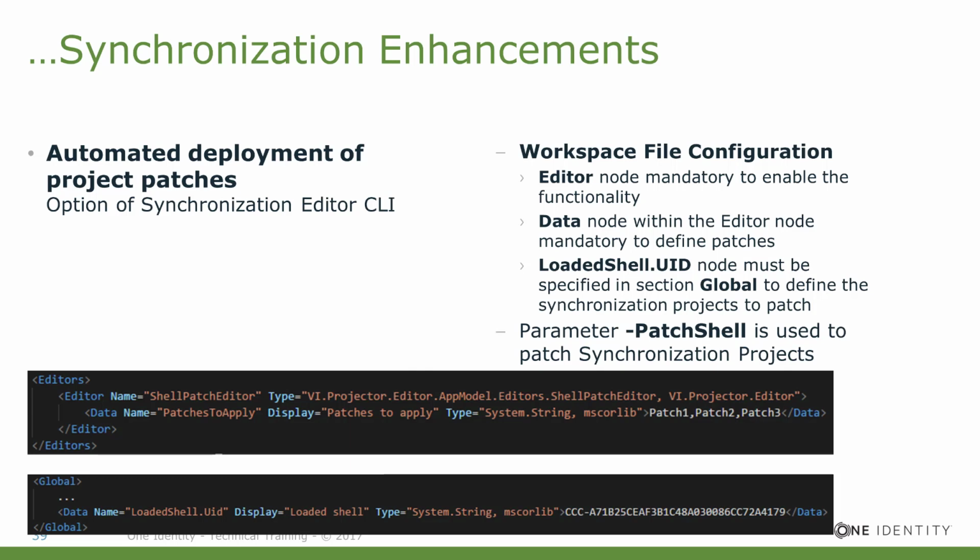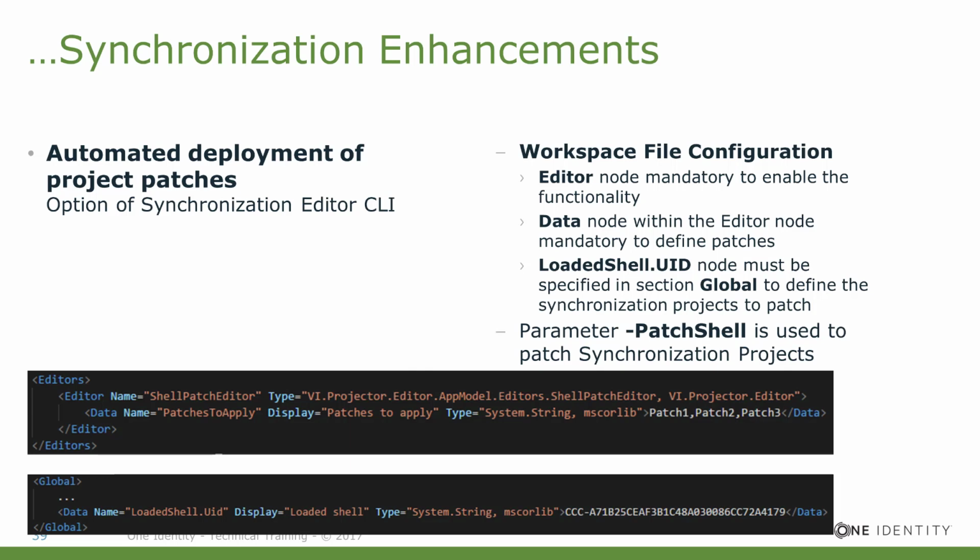Our development recognized that, and because of that, they decided to upgrade as well Synchronization Editor CLI. This is the command line synchronization editor. And this command line synchronization editor can be used to automate, for example, creating or managing synchronization projects. And since version 8, it is as well able to apply patches. Therefore, a parameter, patch shell, is used.